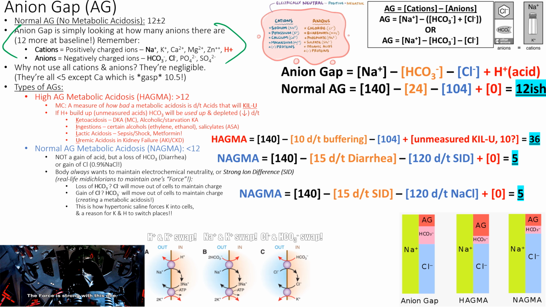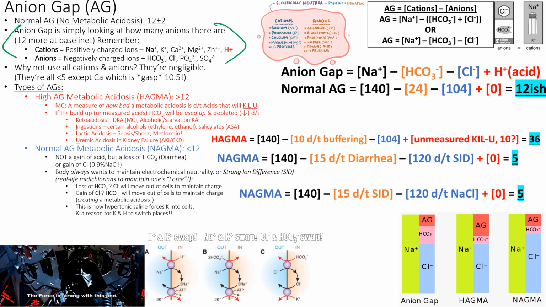What's a normal chloride level? 95 to 105-ish, right? And then what's a normal bicarb? 22 to 26, right? And then what's normal potassium? 3.5 to 5, right? What's normal mag? 2-ish.